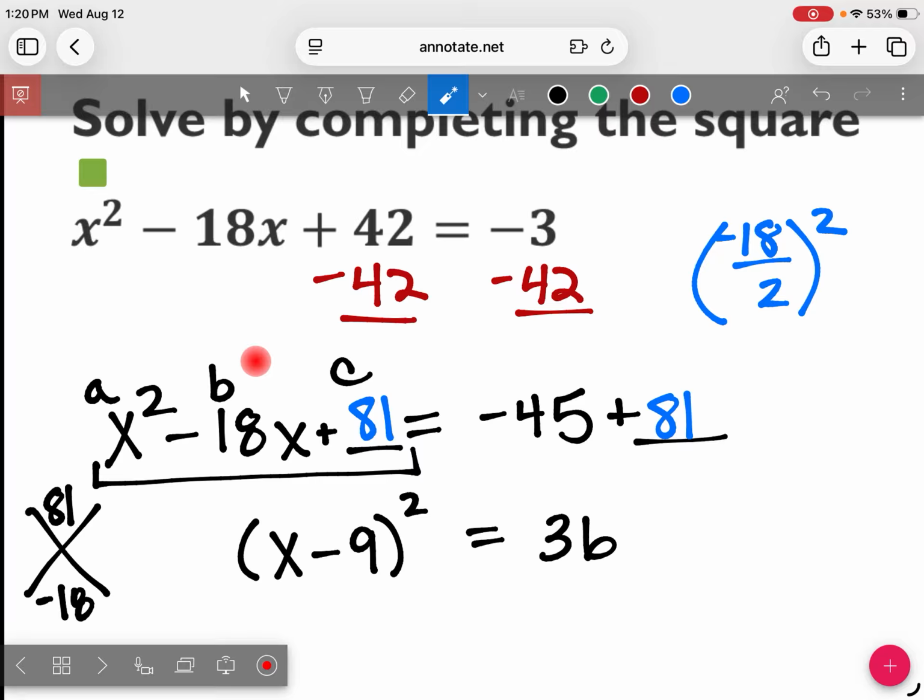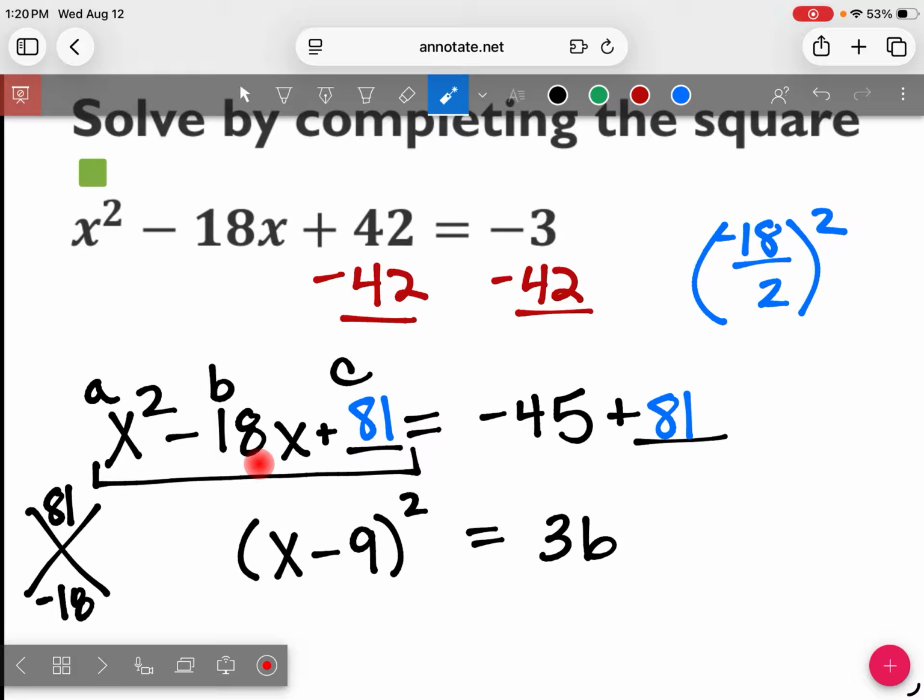What'd you say, Denise? Not the difference. Not the GCF. What's half of -18? -9. This is always half of B. When you do this formula and then you get here, it's just half. So whatever this number is, when you put it in the factor form, it's half.